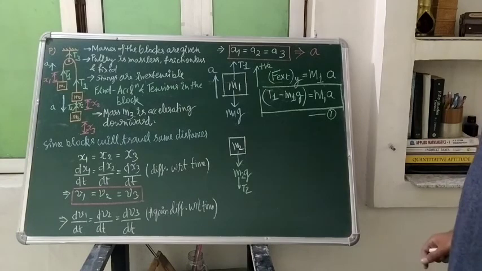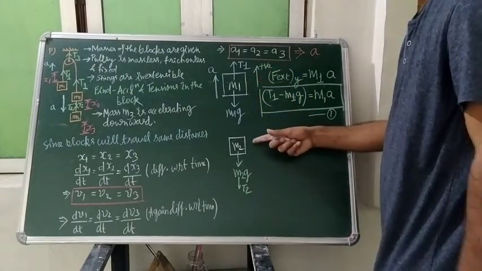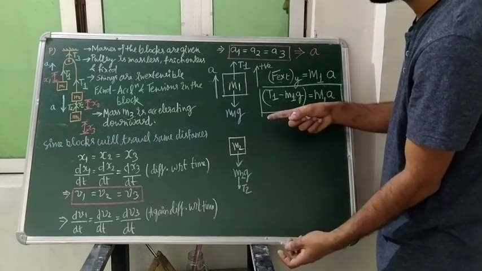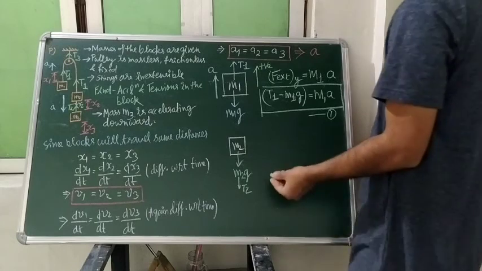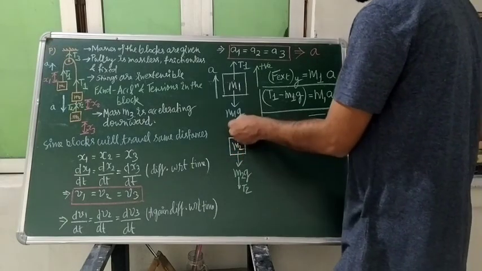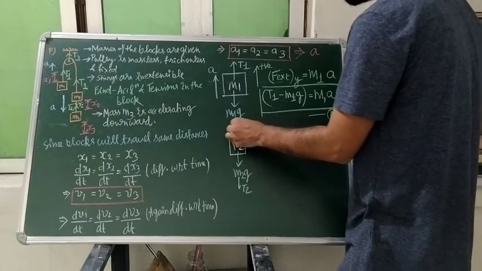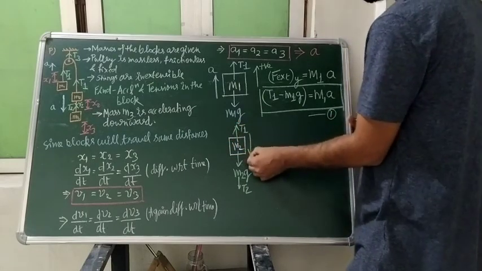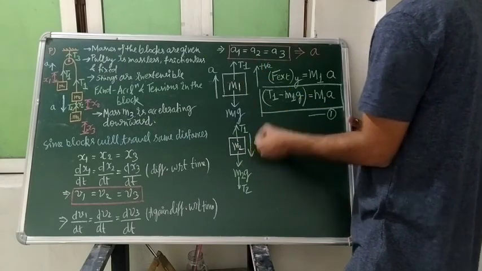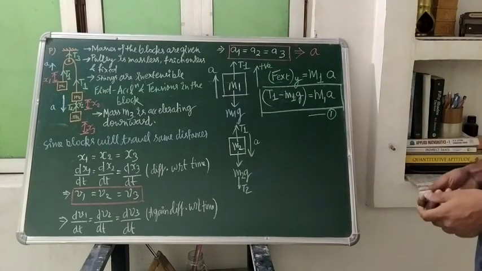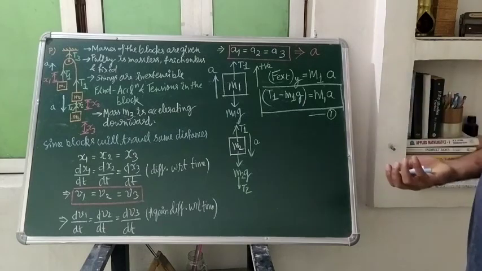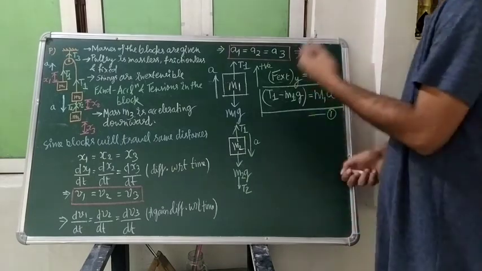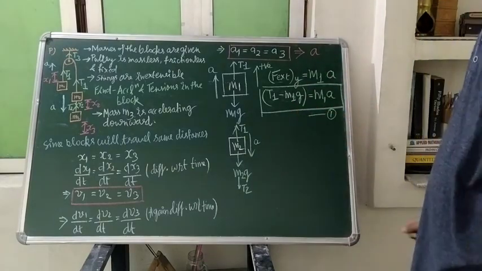Getting it, student? For the object of interest m2, T2 will be in the downward direction. And of course tension T1 is acting in the up direction, and the block is accelerating in the downward direction now. These are the only forces acting in the y direction. No forces are acting in the x direction.